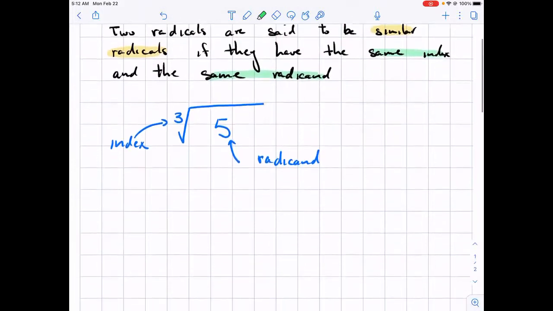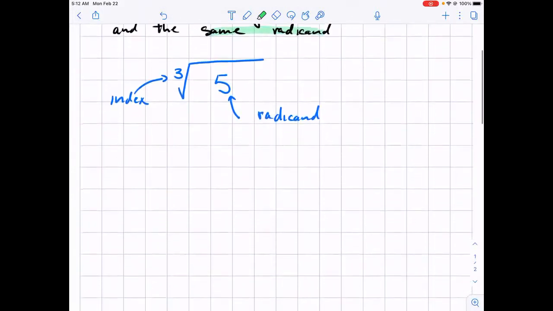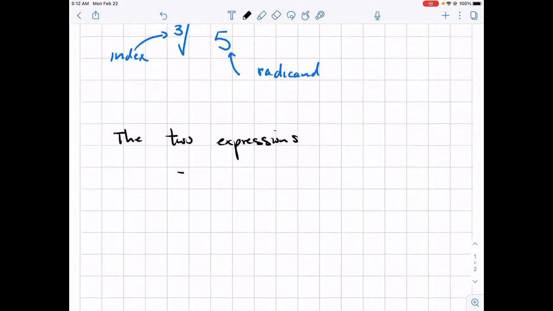Now, once you can identify that, we can look at some examples. If we have 5 times the cube root of 7 and minus 8 times the cube root of 7, these two expressions are similar, okay?